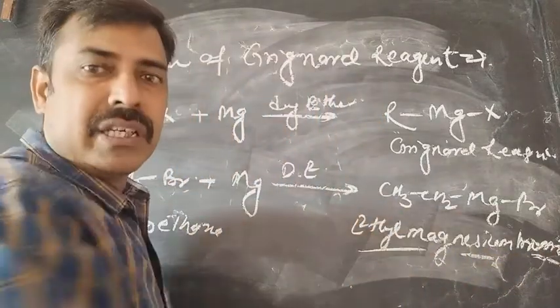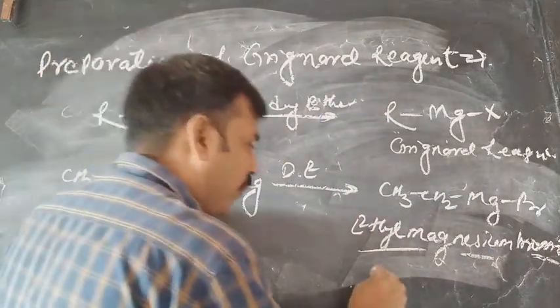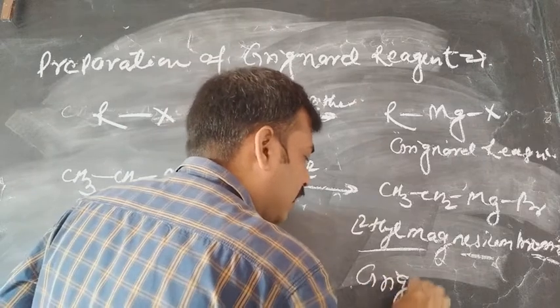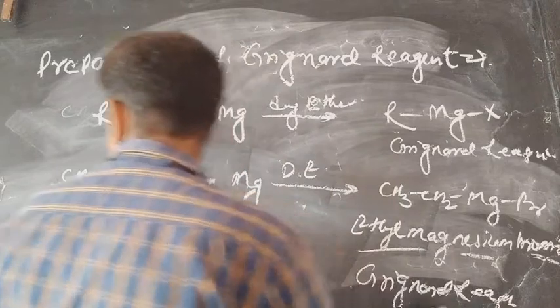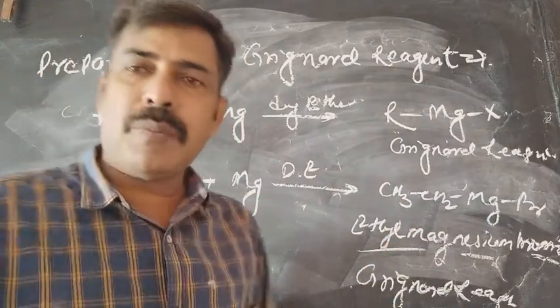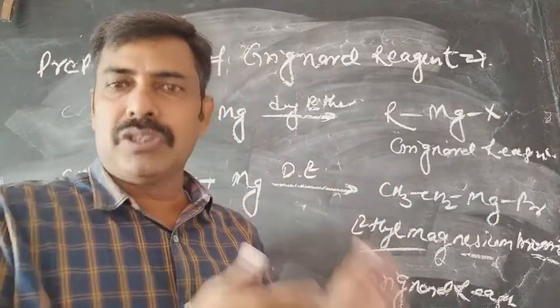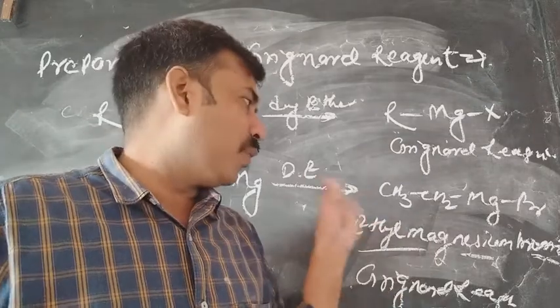Then this is the ethyl magnesium bromide, which is well known as Grignard reagent. This is the product.